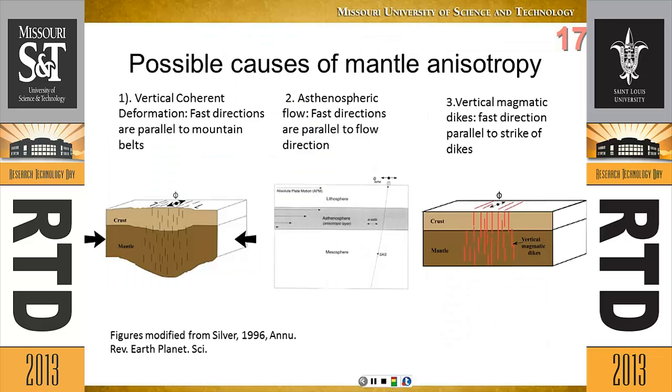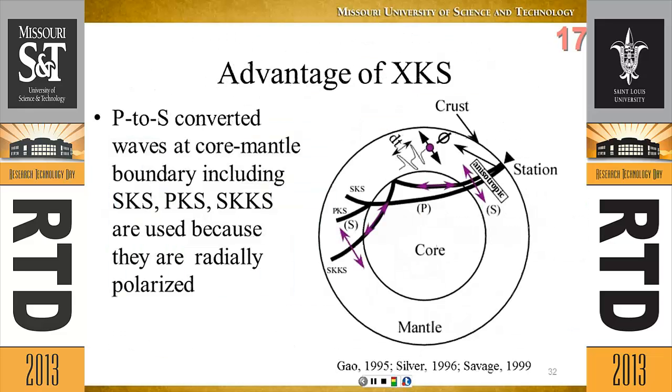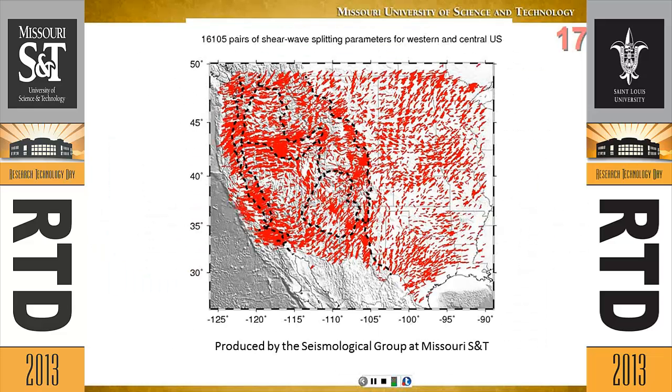Anyway, in the mantle you have different mechanisms that can form this lineup, and our seismic waves can detect this kind of lineup. That's called anisotropy, and this is a result for the whole U.S., I mean, central and western U.S. Each of these little bars is a wave traveling through the Earth.